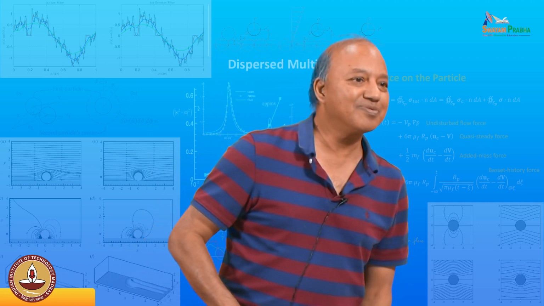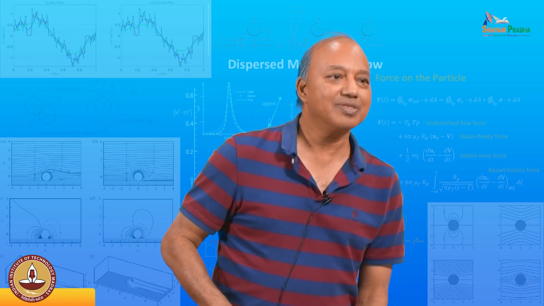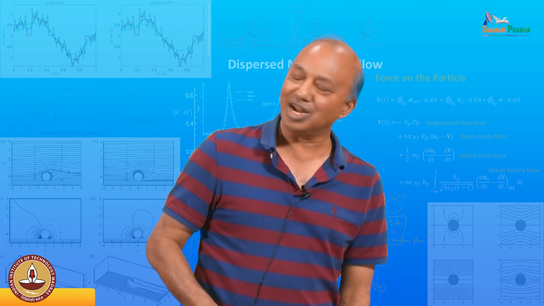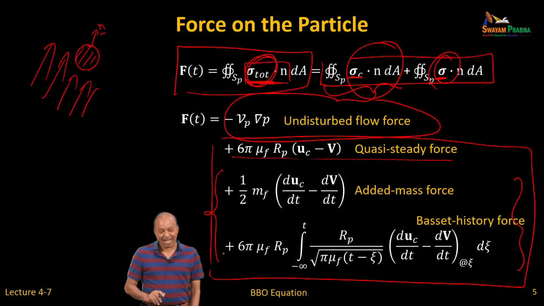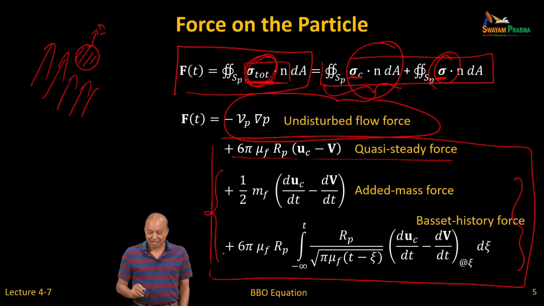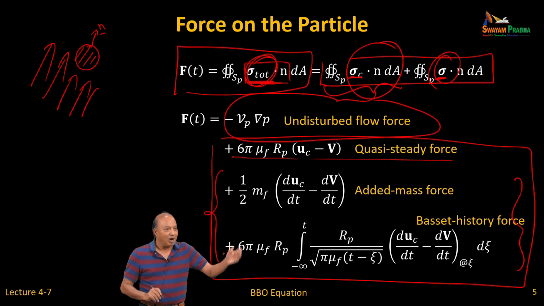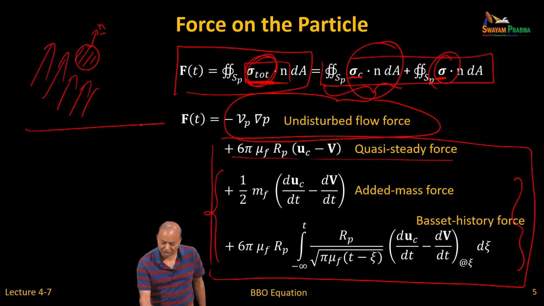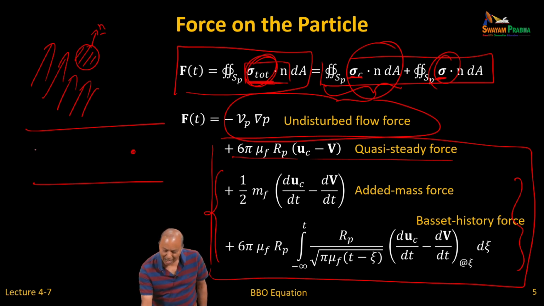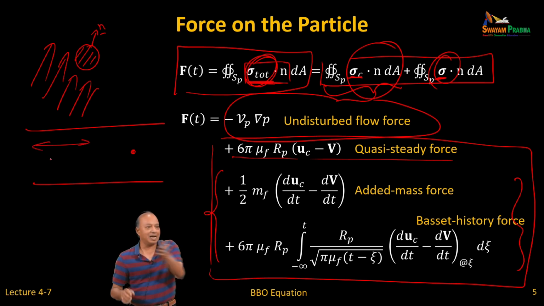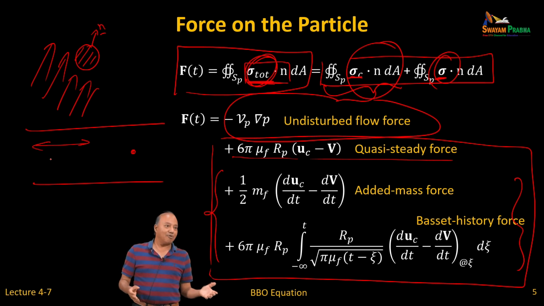Yeah. So the origin of the undisturbed flow force is not unsteadiness, right? It's not unsteadiness, so it will be present. No, actually, it's a great question. This gradient of P is what, see, many of them think of it this way. You have a pipe flow, and let's say you have a tiny little particle in there, and the pressure gradient is such that the flow is going back and forth. Now, how do you make that flow happen?